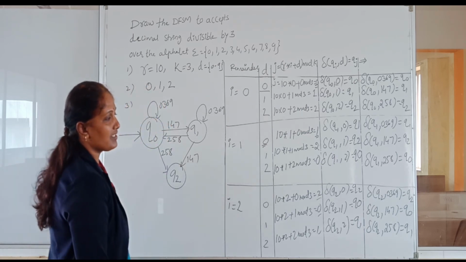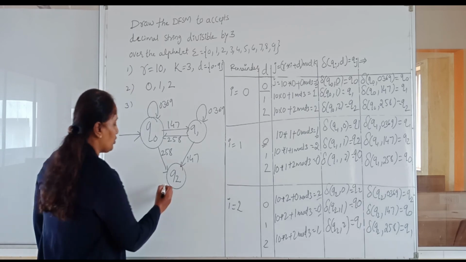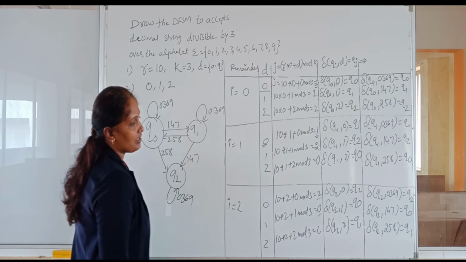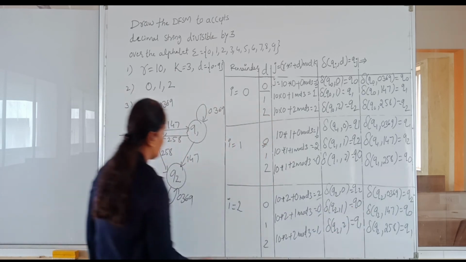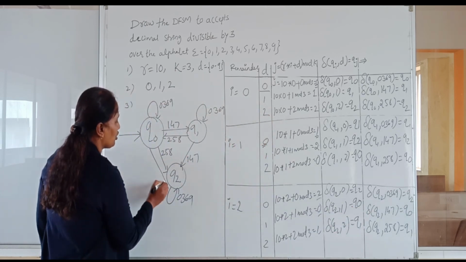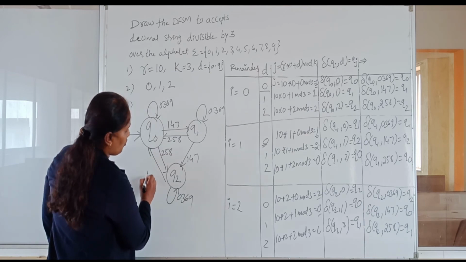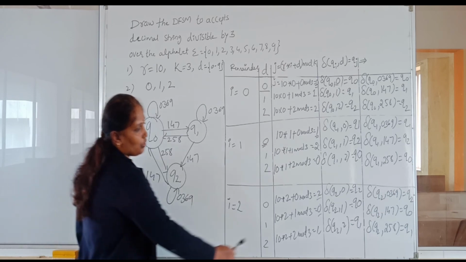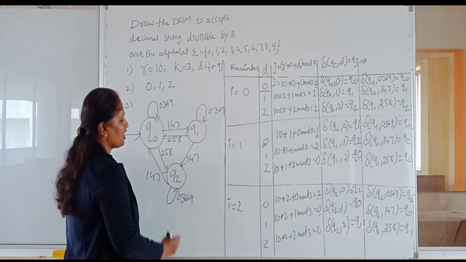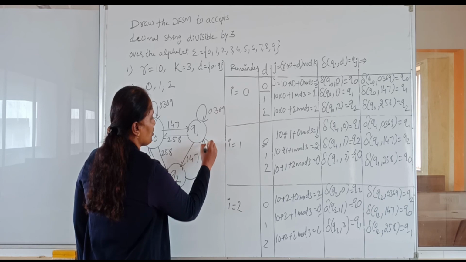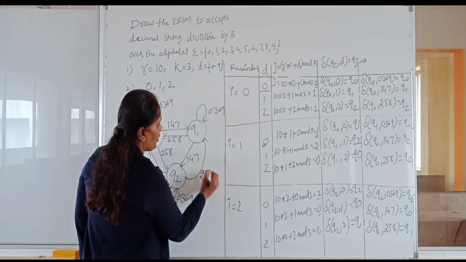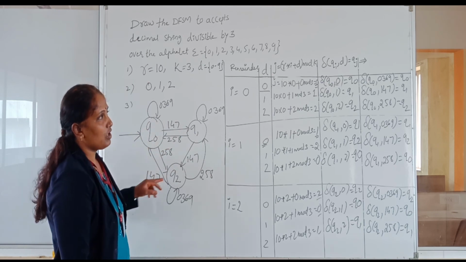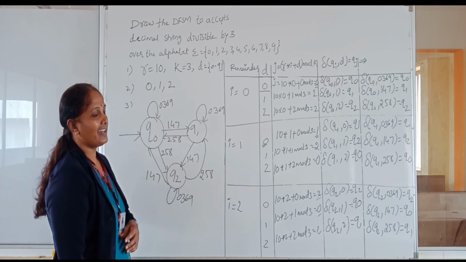Q2 of 0369, I stay in the same state, 0369. Next, Q2 of 147, I change my state to Q0 for 147. Next, Q2 of 258, I change my state to Q1, 258. So this is the DFSM according to the new transitions.